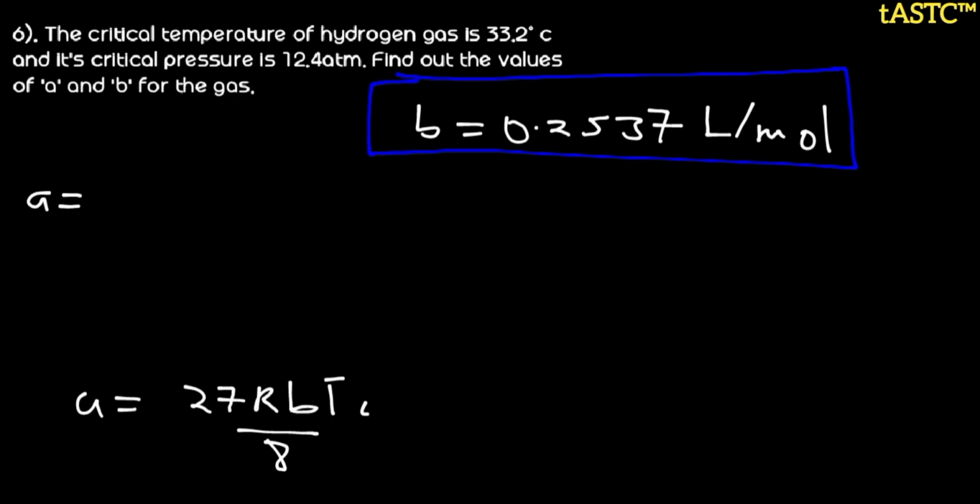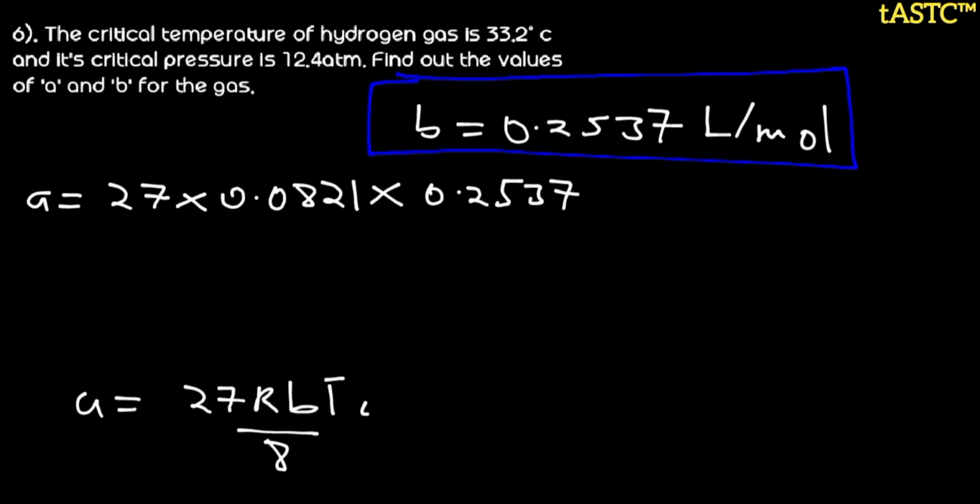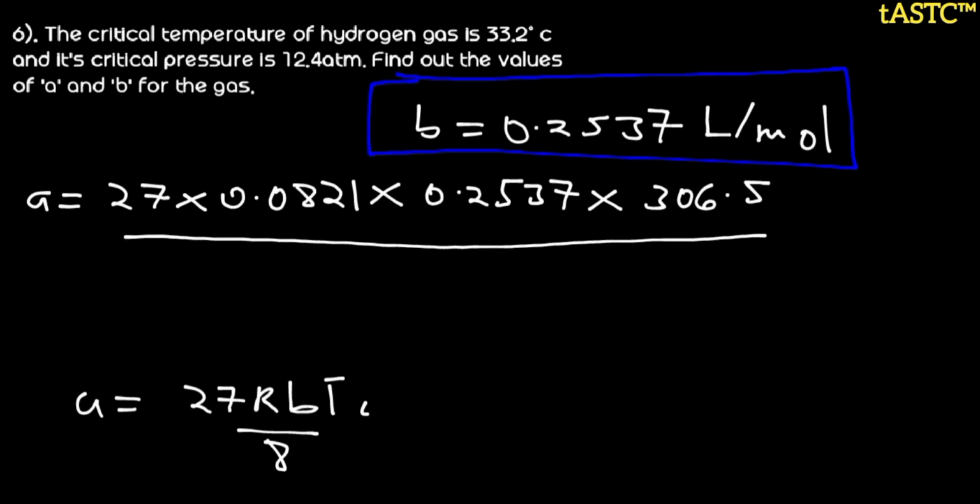So A is equal to 27 multiplied by R, which is going to be 0.0821, multiplied by B, which is 0.2537, multiplied by T sub C. Now T sub C was equal to 306.5. This is going to be divided by 8.